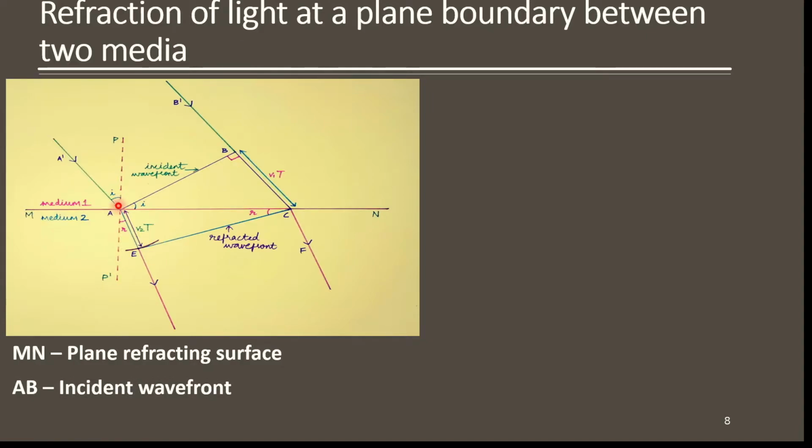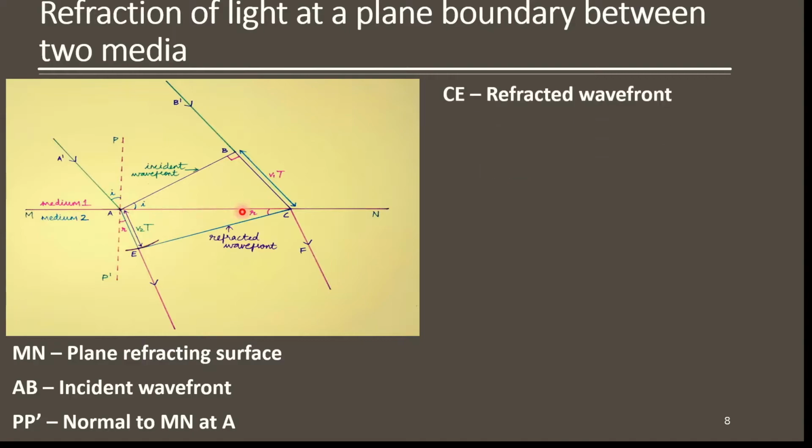AB is the incident wavefront. PP' is normal to MN at A. CE is the refracted wavefront. Angle A'AP is equal to i, the angle of incidence. Angle P'AE is equal to r, the angle of refraction.